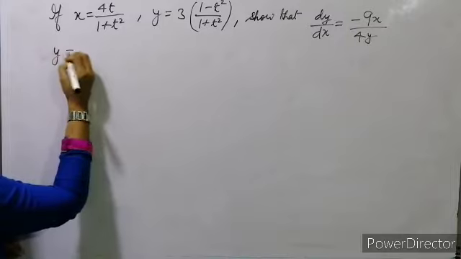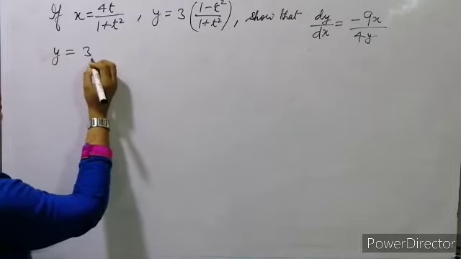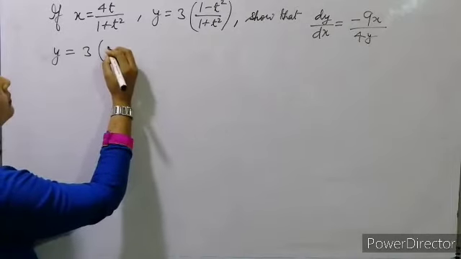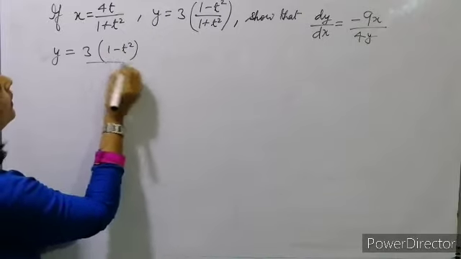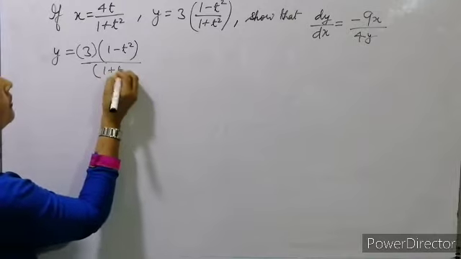So first of all we'll find out the value of dy. First of all we'll take y is equal to 3 into (1 minus t square) upon (1 plus t square). This is in multiplication, so we can write it like this.